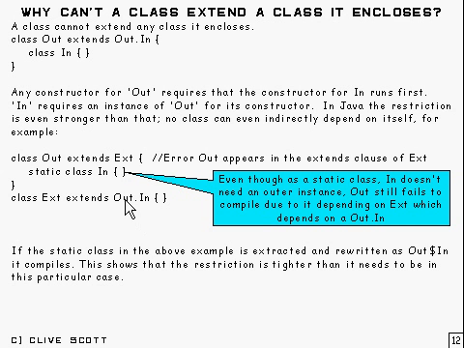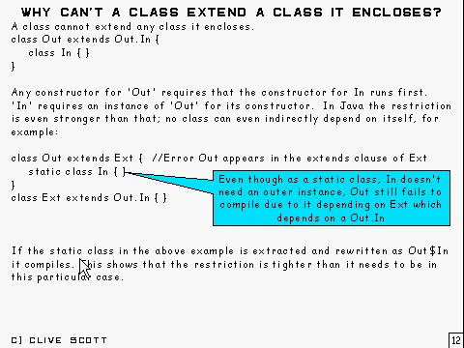So that is not allowed, even though this class in here is static. So in fact it doesn't need an outer instance, but it still fails to compile due to it depending on ext, which depends on out.in. So the restriction is tougher than it actually needs to be, but in practice that's not a problem.